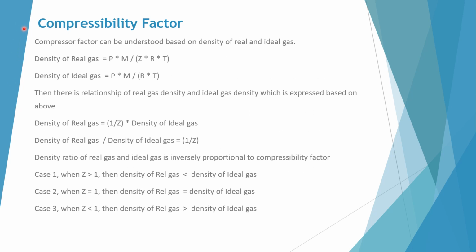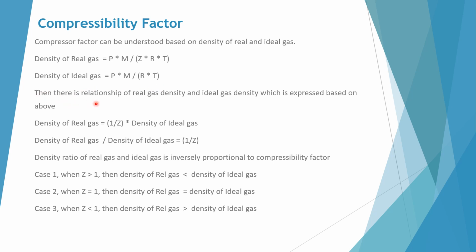Now, compressibility factor can be understood based on the density of the real gas and ideal gas. We know density of the real gas is P into M upon ZRT, and density of the ideal gas is P into M upon RT.